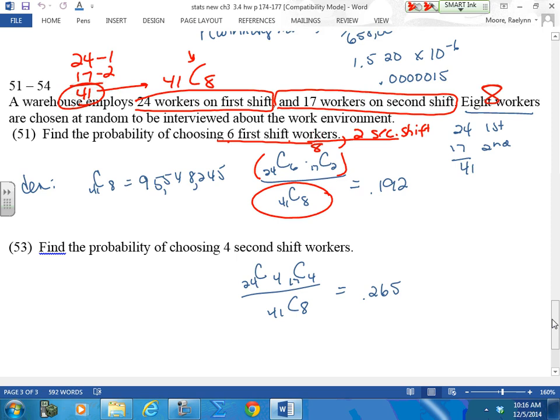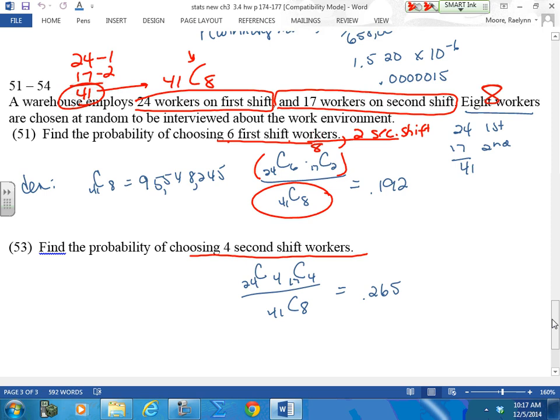Now, if they gave us more than 2 shifts, they would have to be more specific on the other part. Or they could just say first shift and you can assume the other 2 shifts together. So, the second part says, the probability of choosing 4 second shift workers. How many are you asking to be interviewed?